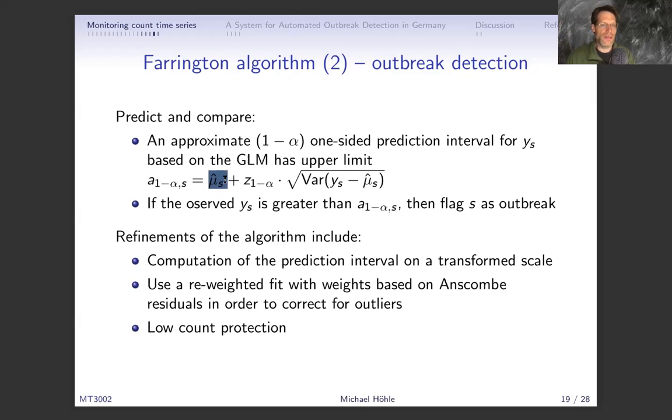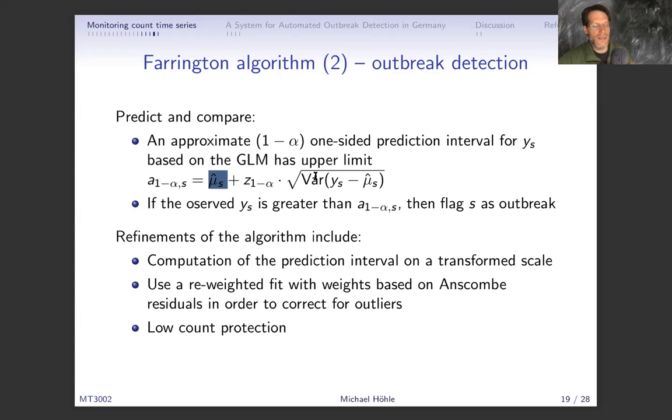A square root often gives a better approximation and better coverage of such a prediction interval, because the variance is equal to the mean in the typical setting, and the square root shrinks the variance. But since you have an over-dispersed model, that's maybe not so big an issue.